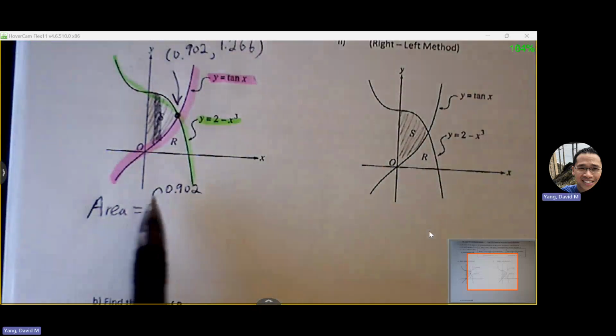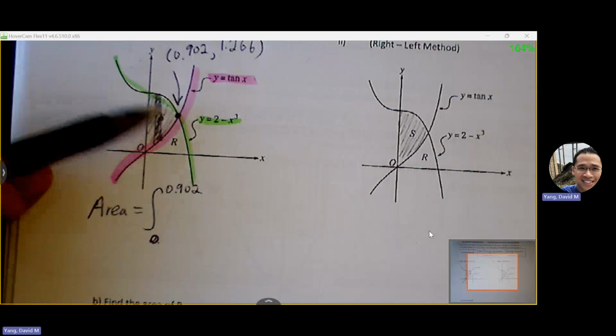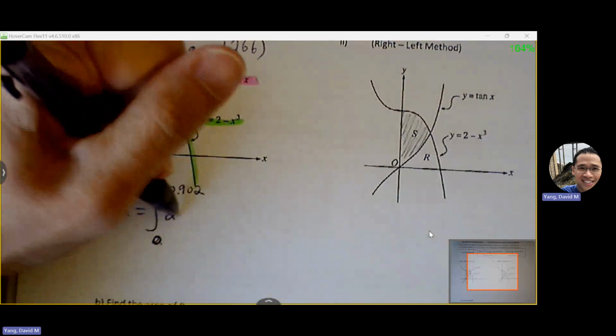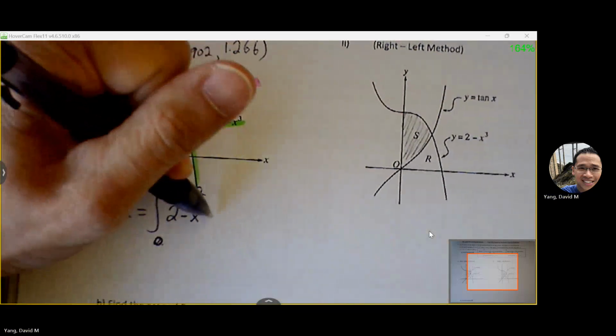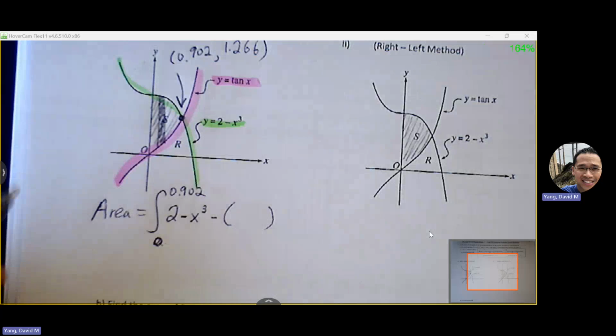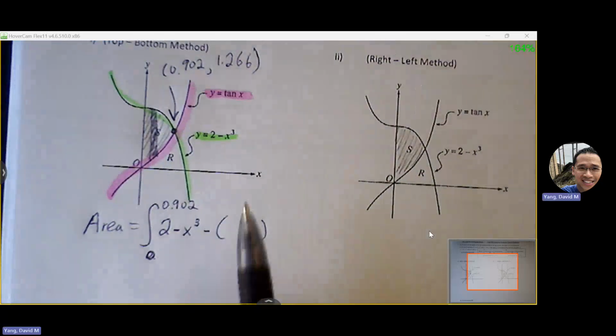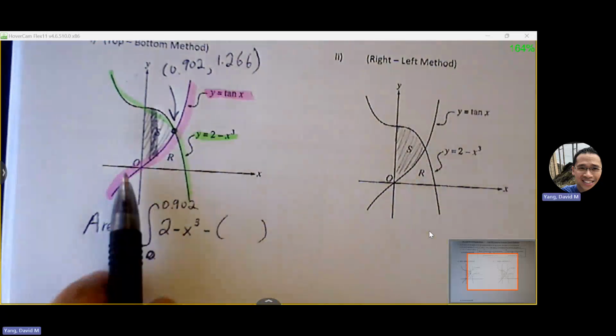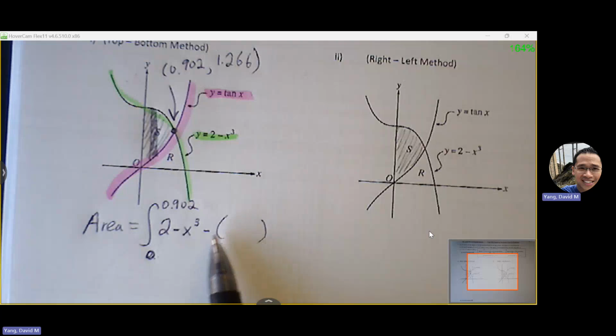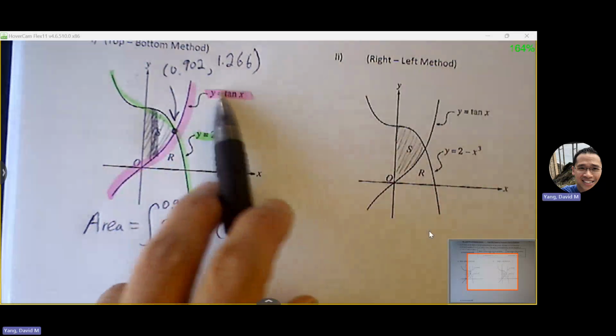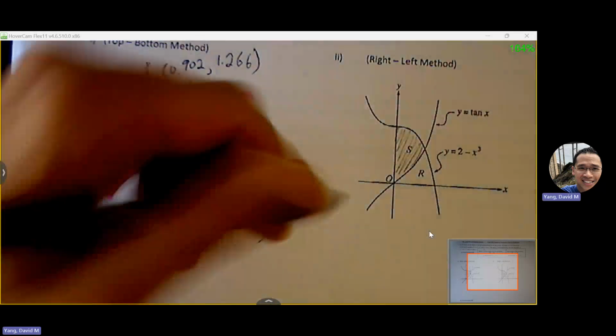Okay, so the graph on top is the green graph. That's the 2 minus x cubed. Minus parentheses. I guess the parentheses is not going to matter for us since there's only one term. But I think it's always a good habit that anything that follows a minus sign, protect it with a set of parentheses in case there are multiple terms. Bottom graph is the one in red. That's the tangent one.